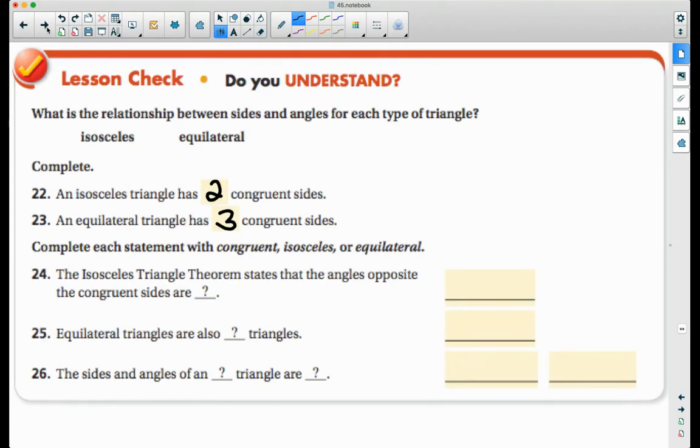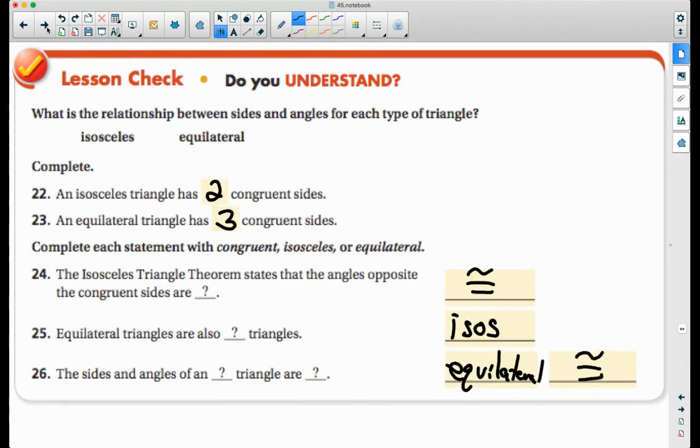The isosceles triangle theorem states that the angles opposite the congruent sides are congruent. Equilateral triangles are also isosceles. The sides and angles of an equilateral triangle are congruent.